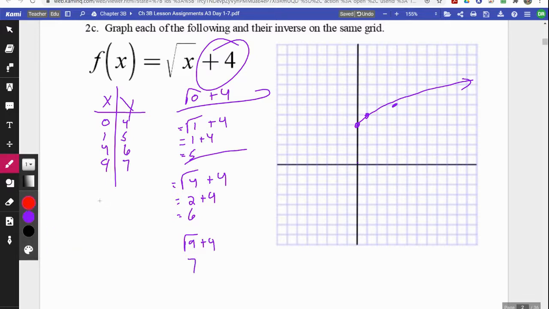That means that our inverse, our xy, is (4, 0), (5, 1), (6, 4), and if we kept going, it'd be (7, 9).